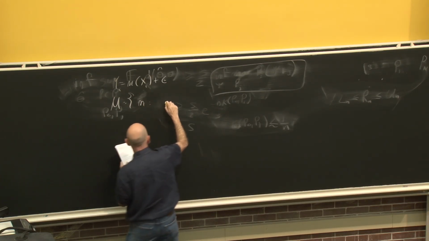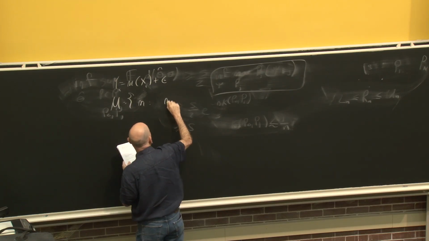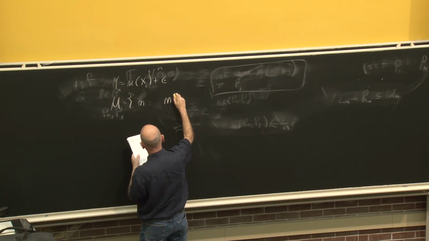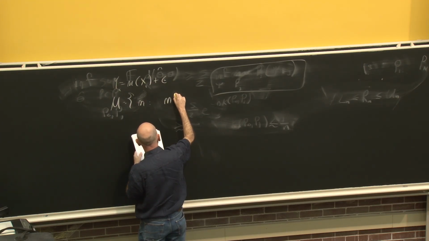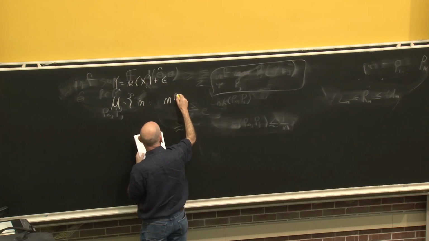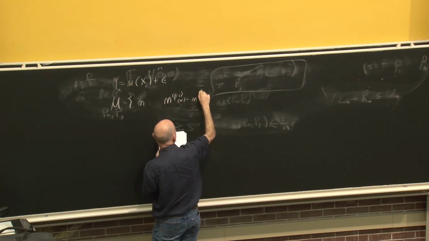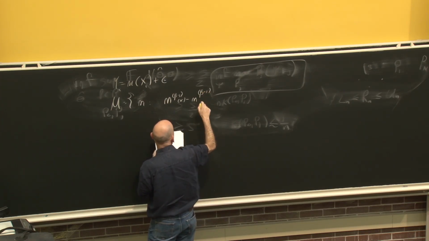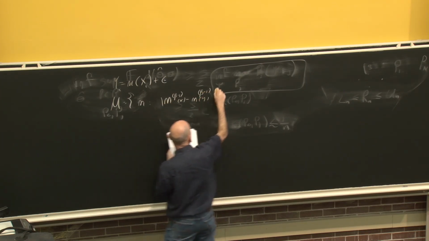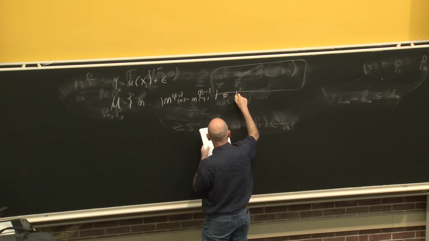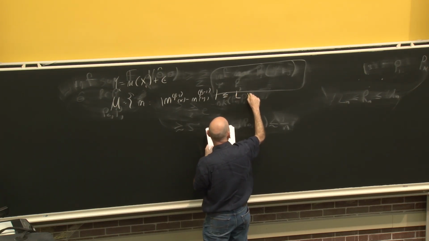I'm going to write it out a little more specifically here on the board. We'll take it to be that the beta minus 1 derivative satisfies a Lipschitz condition.